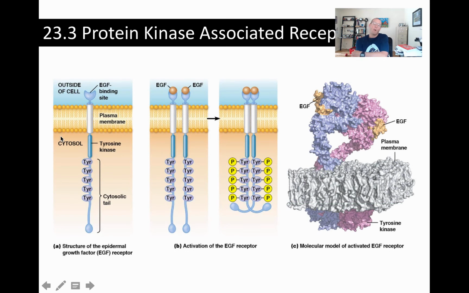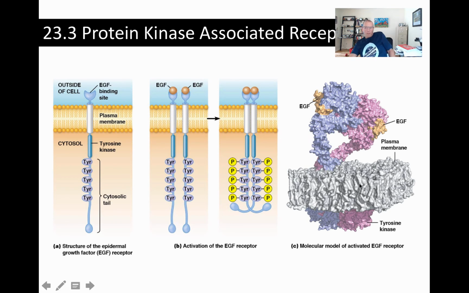So let's take a real quick look at a prototypical receptor tyrosine kinase. Like we say, many of the receptor tyrosine kinases trigger this chain of events in the cell that ultimately culminates in things like cell growth, cell division, and in some cases differentiation, depending on the nature of the receptor that we're looking at.